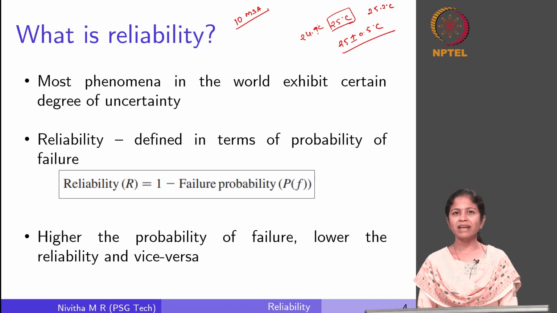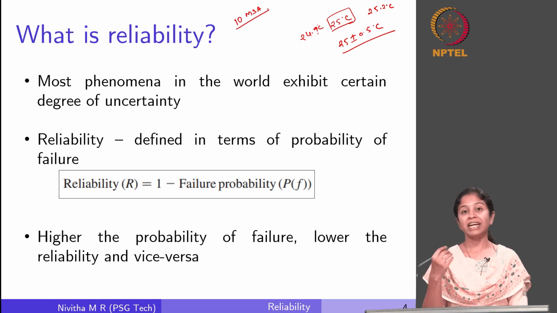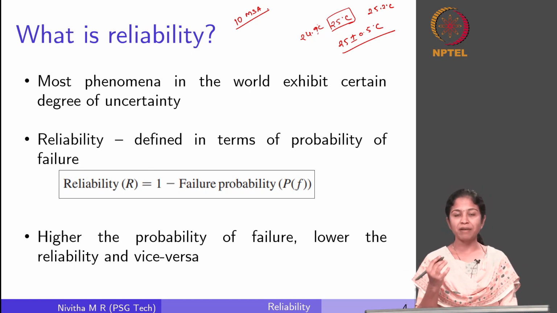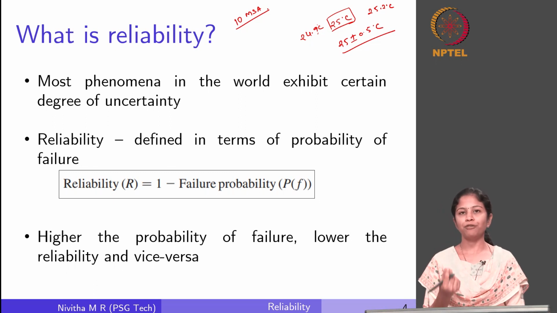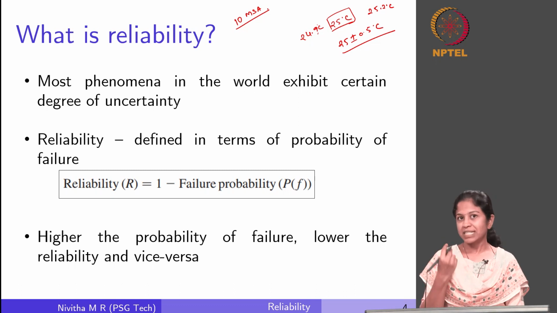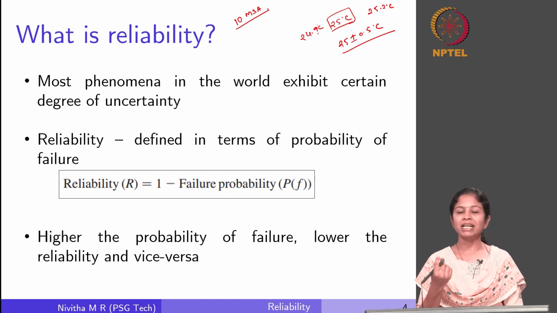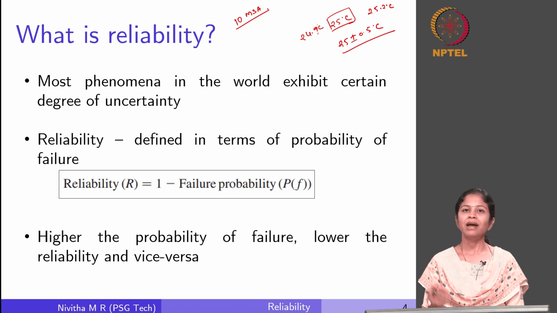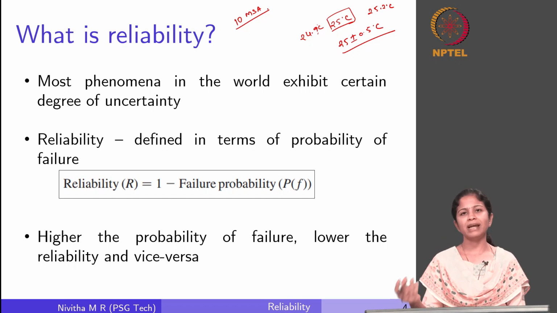Defining failure for a pavement is slightly complicated, but let us say we are able to define some definite point of failure for a pavement system. If I am able to capture the number of load repetitions at which it is going to fail, we can certainly say that it may not be exactly 10 MSA always; it is going to be slightly less or slightly more.